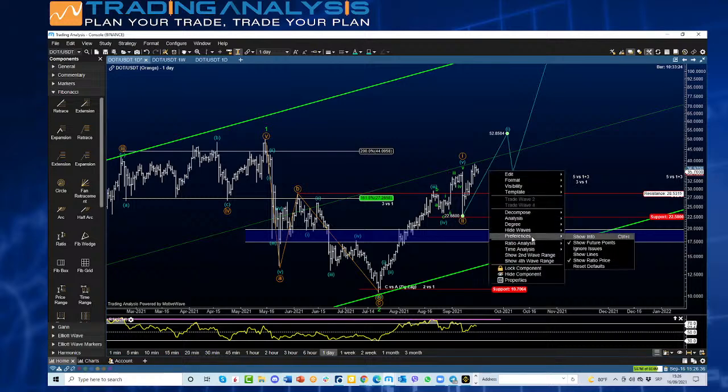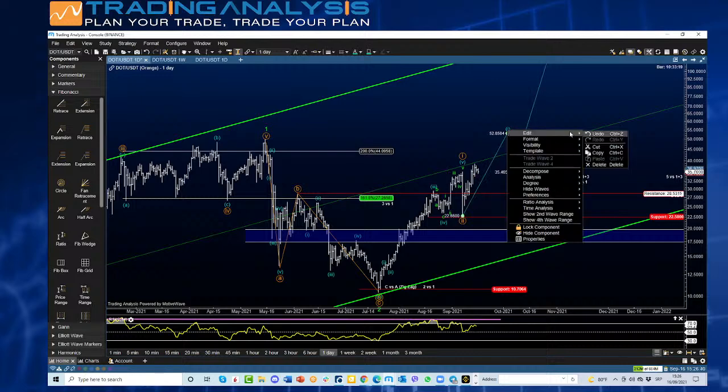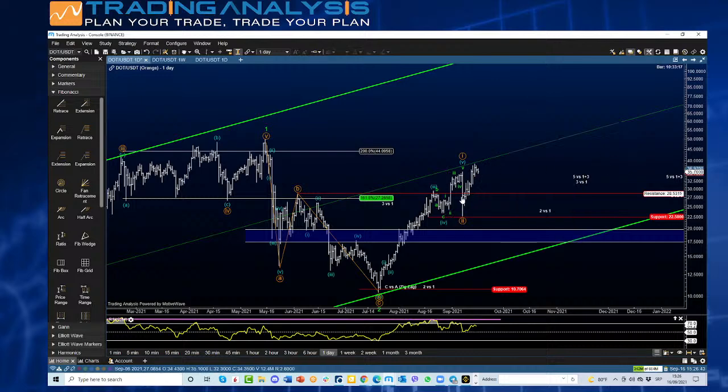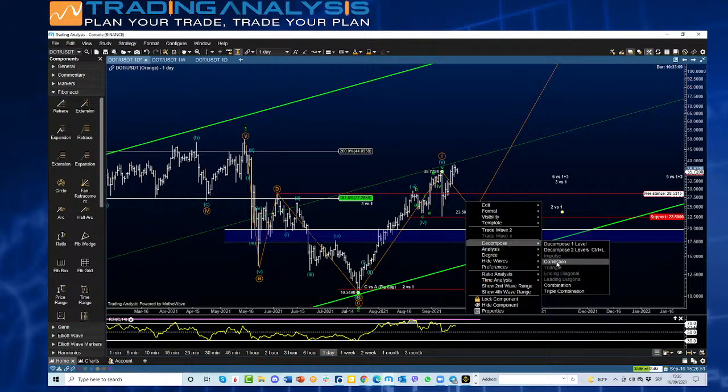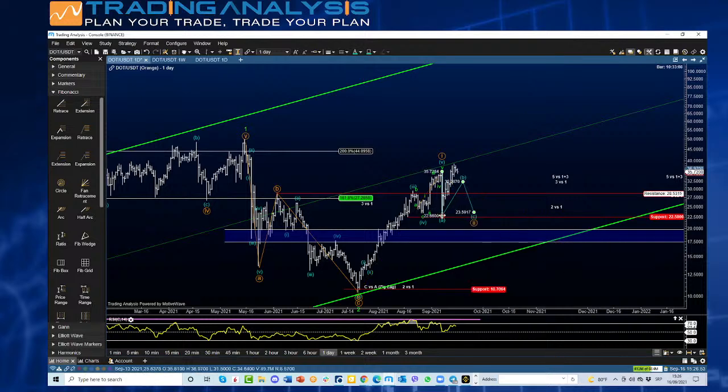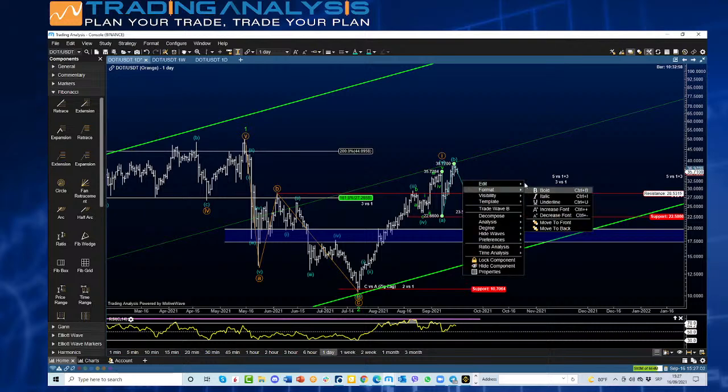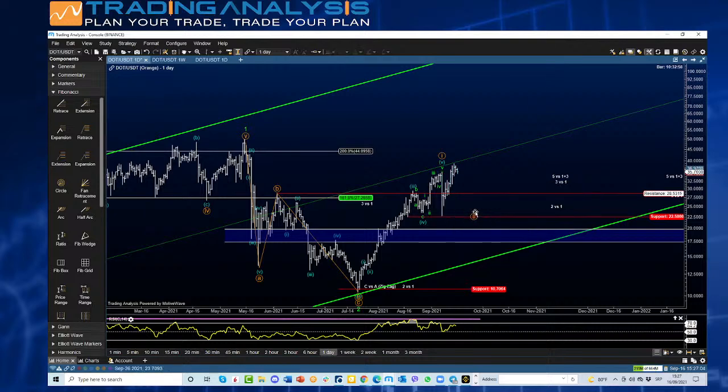I would like to see a very nicely defined one. I might be wrong, sometimes in cryptos this happens very fast and you just continue on the upside, but I've been dealing with this methodology for a long time. I would look potentially for this ABC to be a little bit longer, which might be a good thing.